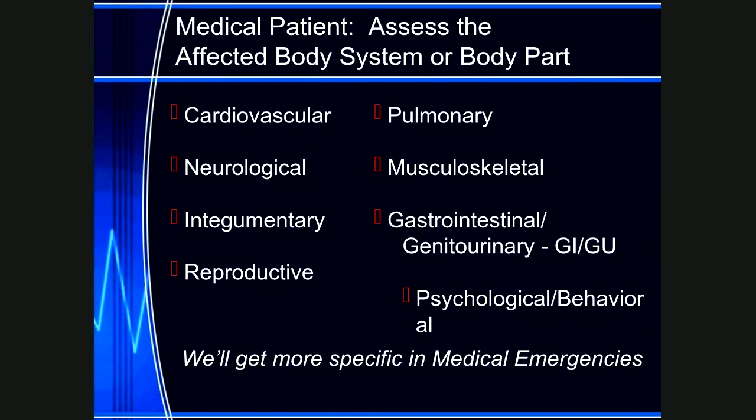Then you're going to focus on an area the patient complains about, whether it's cardiovascular, neurological, integumentary, reproductive, pulmonary, musculoskeletal soreness or injury, gastrointestinal, psychological or behavioral. And we're going to get more specific in the medical emergencies when we get to the individual medical emergencies.